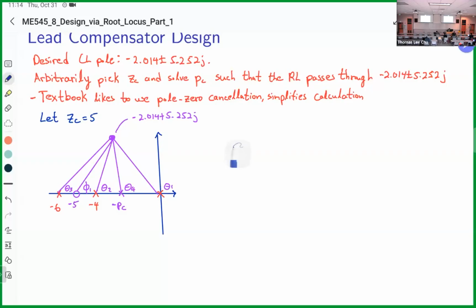So we're going to apply the angle criterion. So we're going to find sum of the angles of the zeros minus sum of the angles of the poles is equal to 2i plus 1 times 180 degrees.